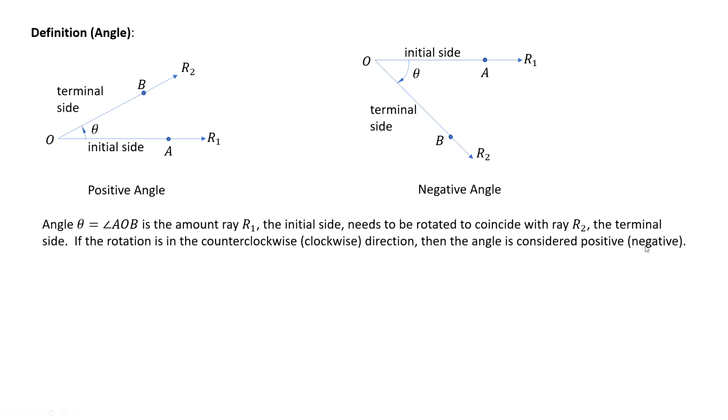Then you come back and read the same thing, but this time you say if the rotation is in the clockwise direction, ignoring the counterclockwise, then the angle is considered negative. Clockwise goes with negative, counterclockwise goes with positive.